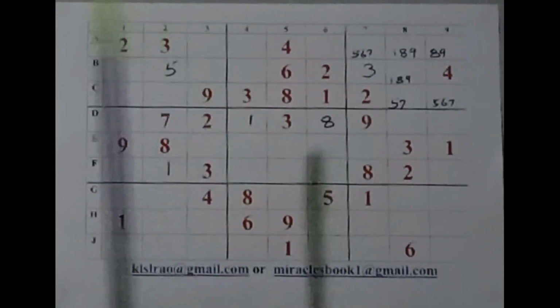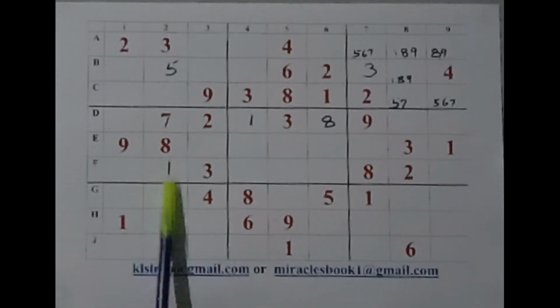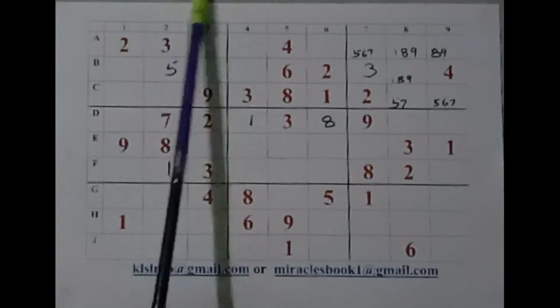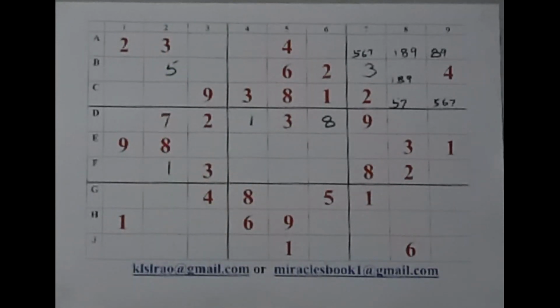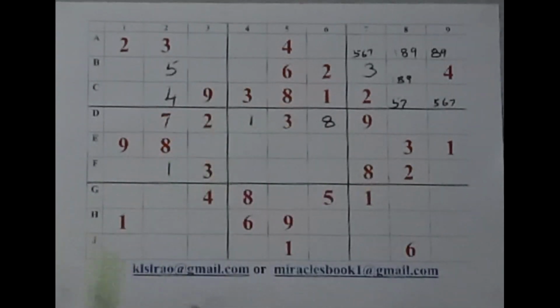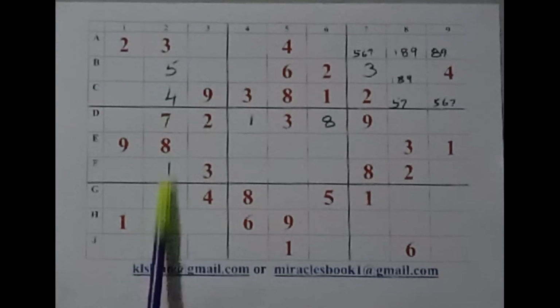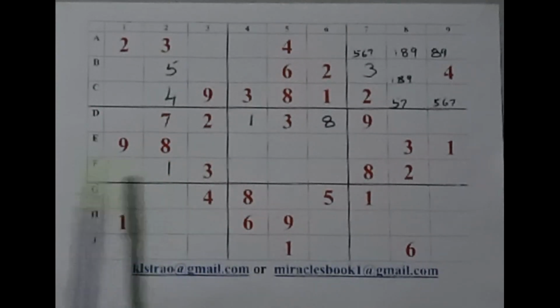Now further have a look. This 4 here prevents repeating here. Therefore, in this column, the only place for number 4 is here. Now let us write that 4 there. Now look at this column number 2. We have 3 vacancies here. We can fill them up now.